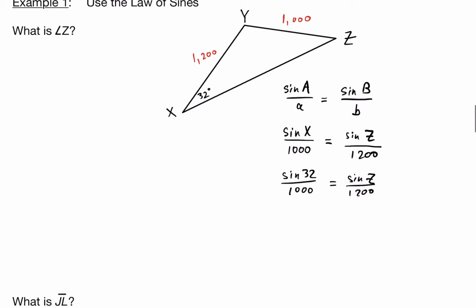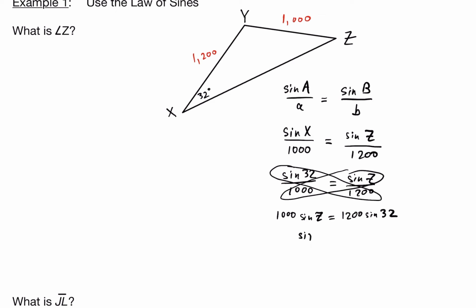Now, if we cross multiply, meaning we multiply these together and then these together, we find that 1,000 sine of Z is equal to 1,200 sine 32. Then sine of Z is equal to 1,200 sine 32 divided by 1,000.